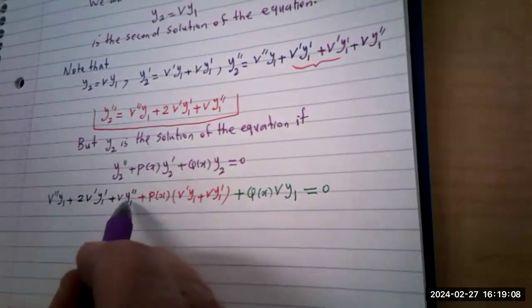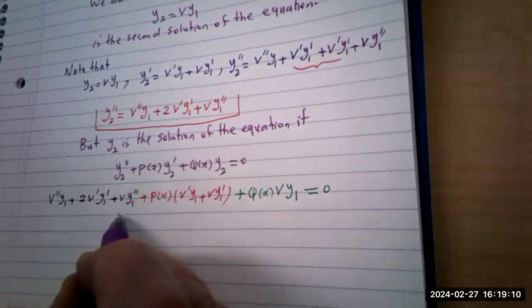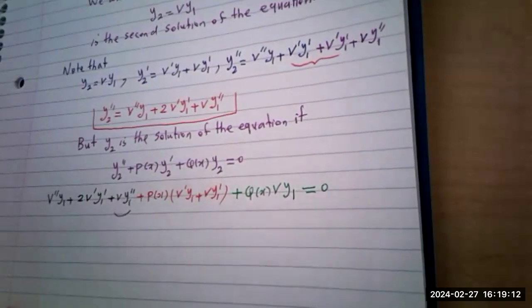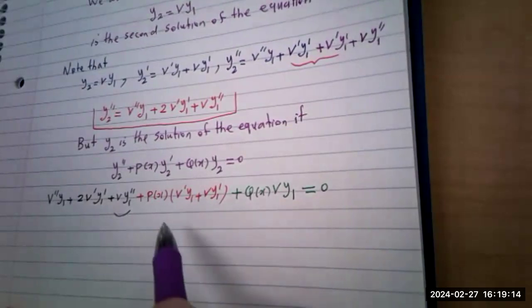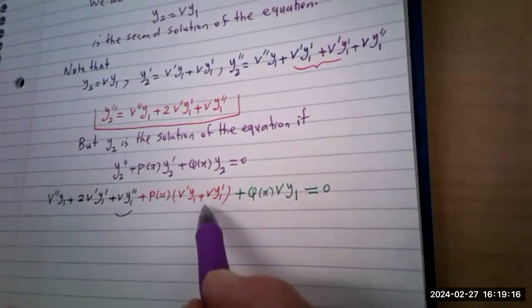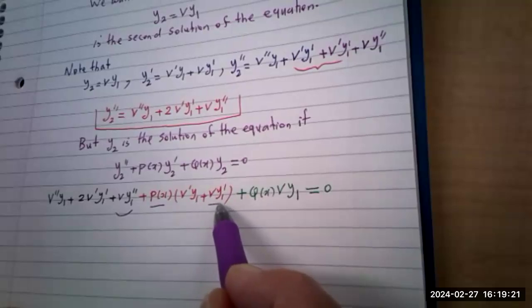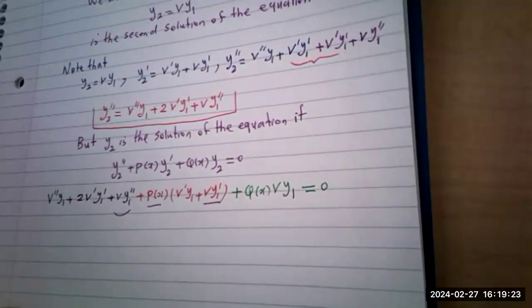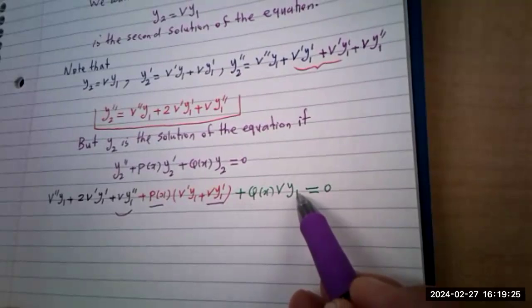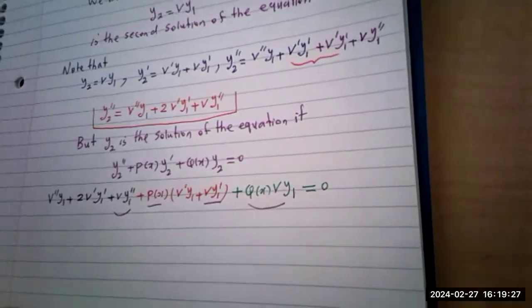I have v y1 double prime here, then I have px times v y1 prime here, then I have the qx v y1.